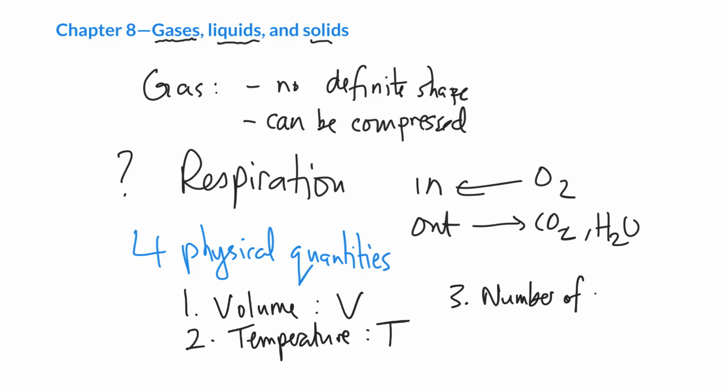The number of moles of a gas we normally symbolize with N, so think of N for number. And the fourth thing is pressure, which we normally symbolize using the symbol P. So we've got pressure, number of moles, volume, and temperature, and if we're dealing with gases, we want to know how those 4 things relate to each other.